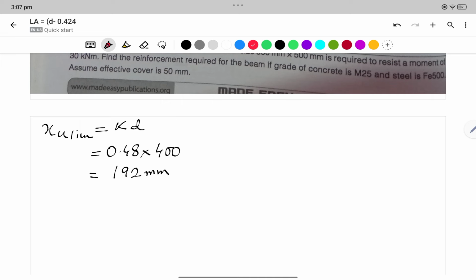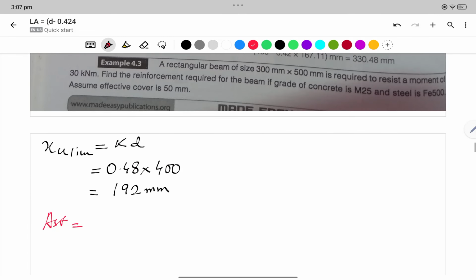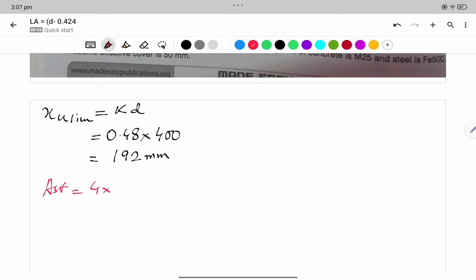Now we will find out the Ast. Ast is 4 bars of 20, so 4 into pi by 4 into 20 square, which comes as 1256.64 mm square.